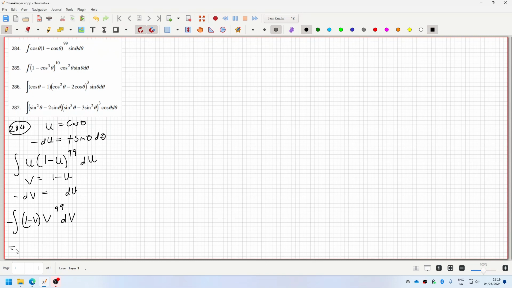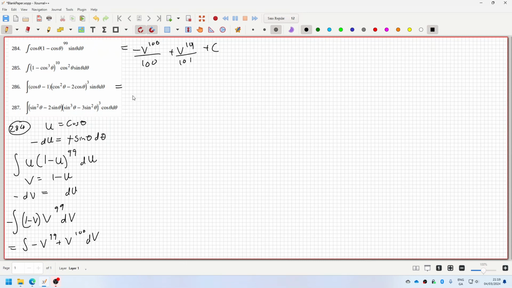So then that would become 1 times v times minus, so that's minus v power 99, and then minus times minus is plus v power 100 dv. So then that would equal, increase the power by 1, divide by the new power, increase the power by 1, divide by the new power, plus c.